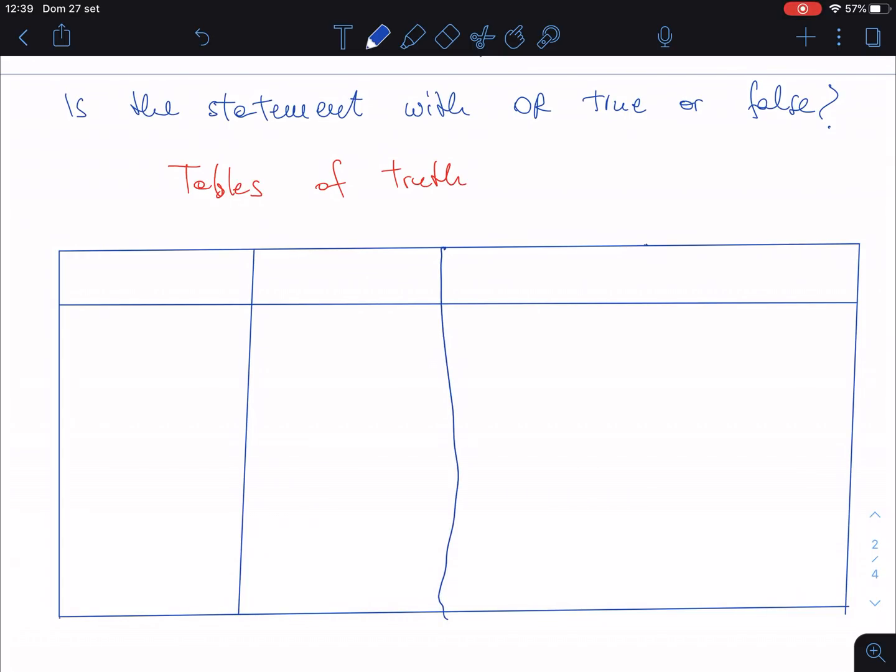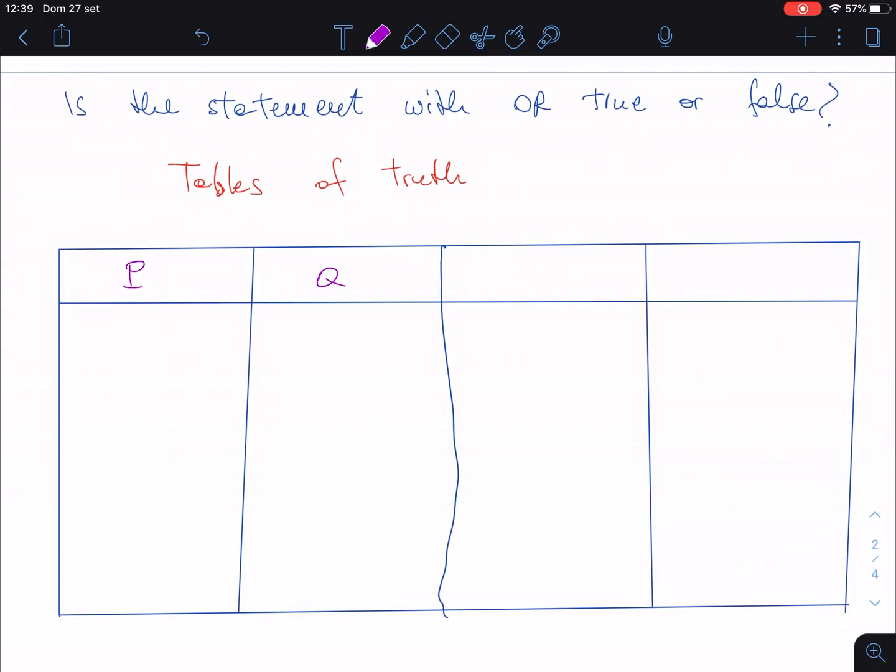This is not so beautiful, but I leave it here like that. And this is very bad too, sorry. I have to get acquainted with this program again. So in here I put the statement P, the proposition P. Here I put the statement Q, and here P and Q, and here P or Q.